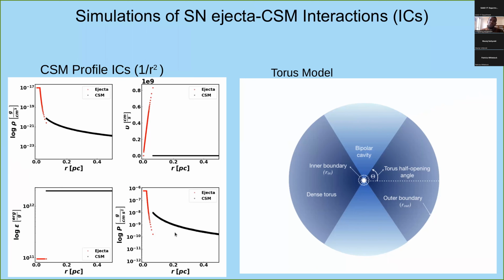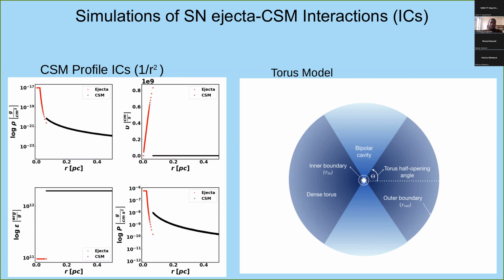And then now we have to set up the circumstellar material, the circumstellar medium. It too has initial conditions, and this is done with the 1/r² profile. So the assumption is around red supergiants, you will have circumstellar density dropping in a 1/r² profile.